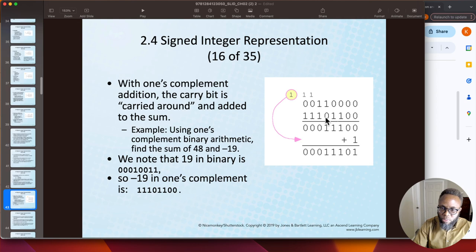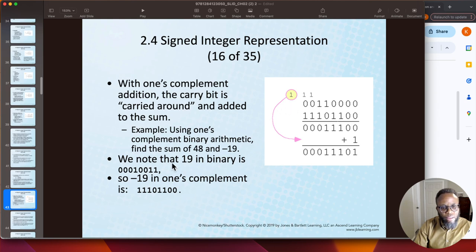Like in this case, 1 plus 0 is 1. 1 plus 1 is 0, you carry a 1. 1 plus 1 is 0, you carry a 1. 1 plus 1 is 0, you carry the 1, and then you add the 1. That's what I was talking about in the previous one. You add the 1, and that becomes the result. So yes, you add the 1, but I didn't really remember the reason behind that, but it's because that 1 typically is an overflow.